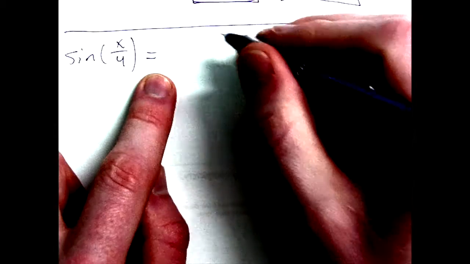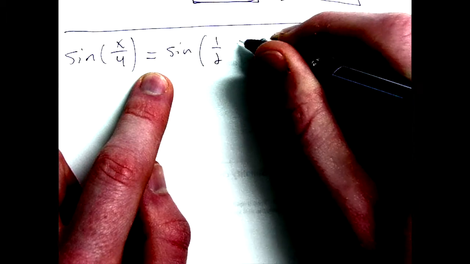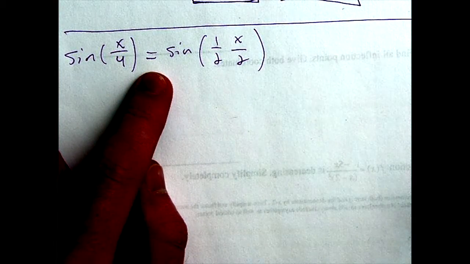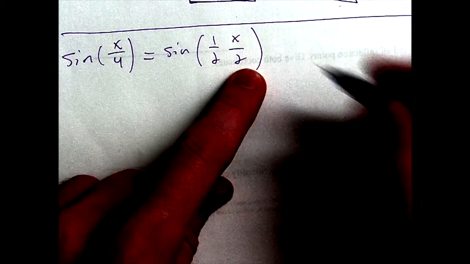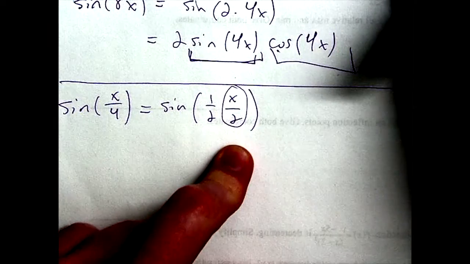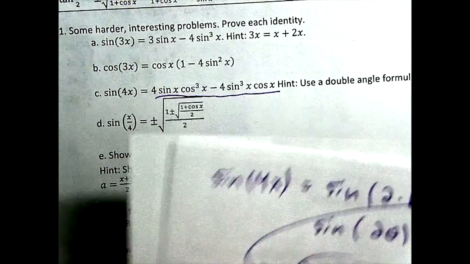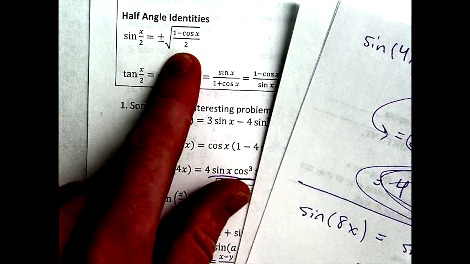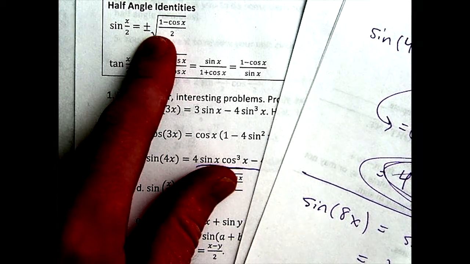x over 4 can be written as 1/2 of x over 2, right? So sine of x over 4 is sine of 1/2 times x over 2, and we have a formula for that. We have a formula for sine of 1/2 something, the half angle formula for sine. So what is the half angle formula for sine? It's right here. Maybe to avoid confusion, I'll call the variable theta in this equation.